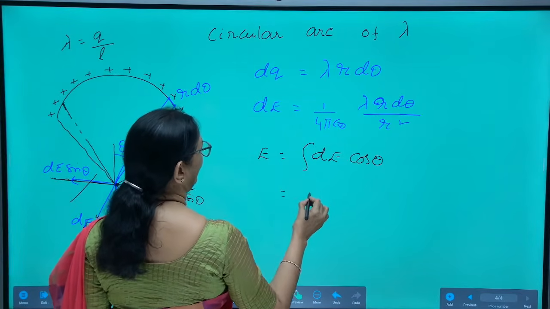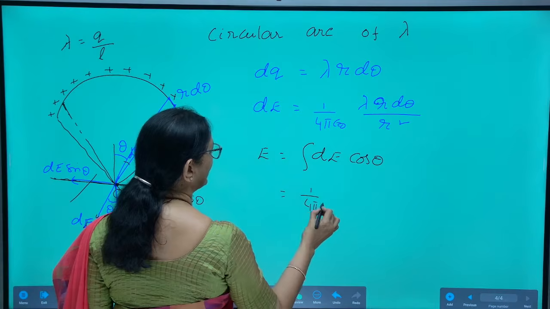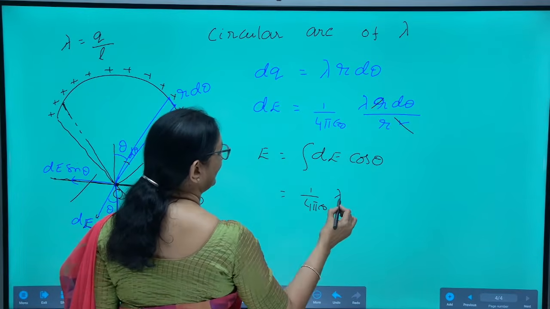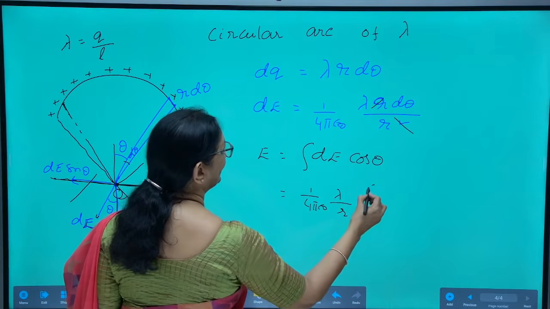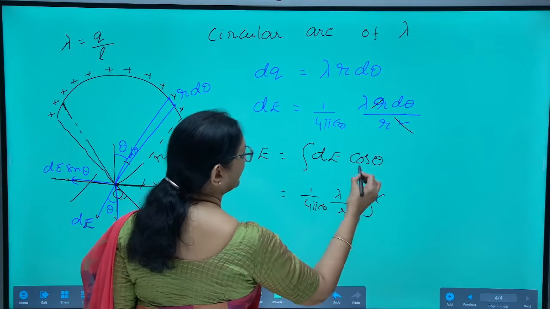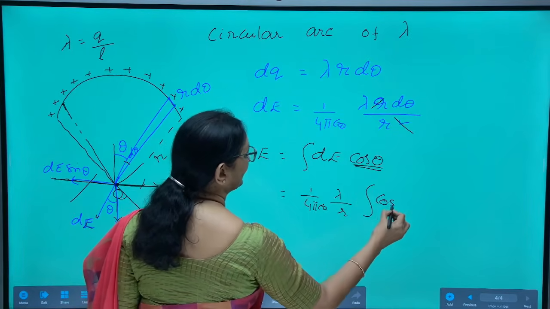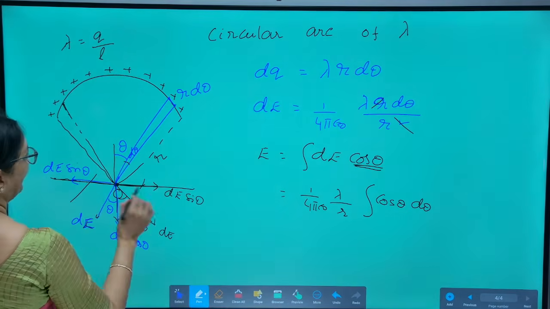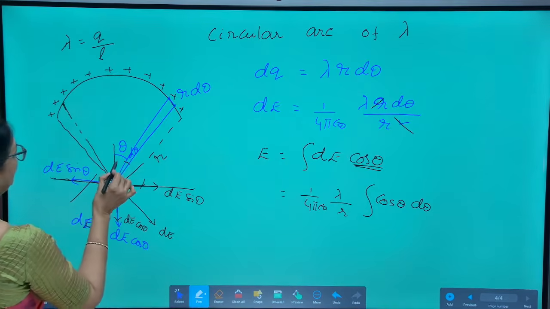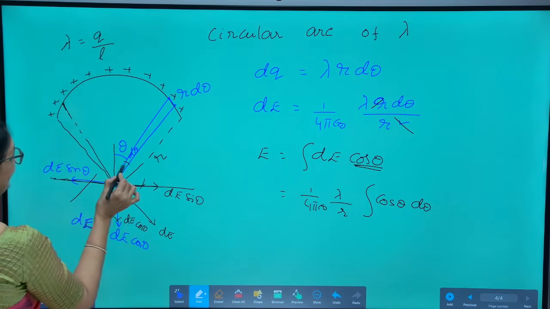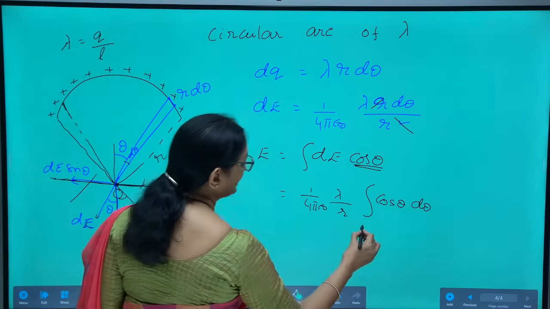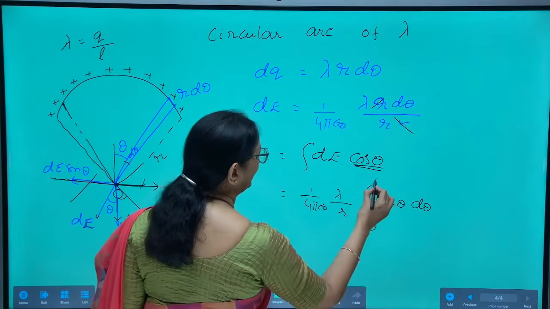So, here 1 by 4 pi epsilon naught, I am taking all the constants outside, lambda by r integral cos theta d theta. Here the limits: suppose this angle is theta, the other angle will be minus theta. So, minus theta to theta.